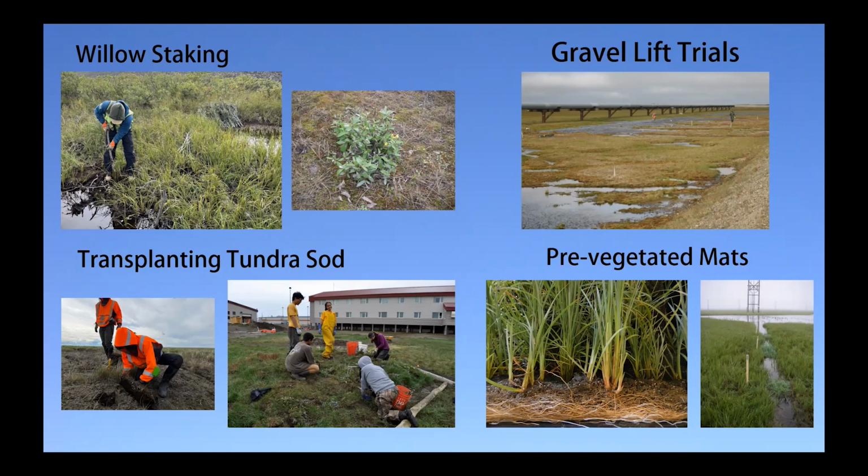Pre-vegetated mats was an inspired experiment. So I'll credit Bill Strieber, when he was at BP, with bringing in a panel of experts to evaluate the whole tundra rehabilitation program, look at what we're doing and what we might do. And so one of the participants, Sue Galadowicz, who's a professor at the University of Minnesota, came up with this idea of using pre-vegetated mats.